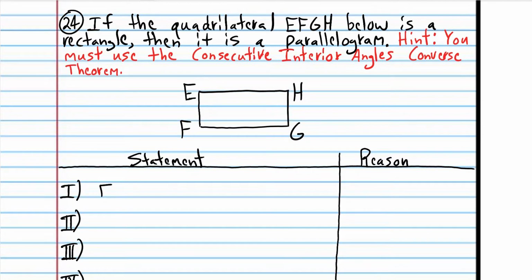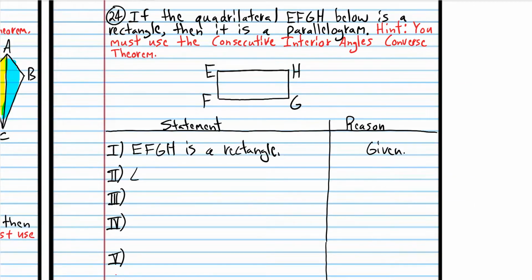So the given information is that EFGH is a rectangle. We know that. That's given. Angle E, angle F, and angle G are right angles. And that is just the definition of a rectangle.